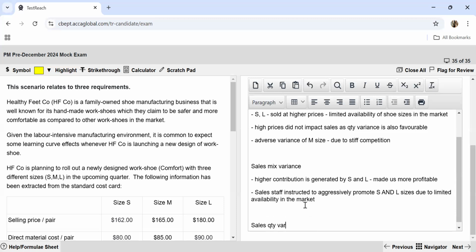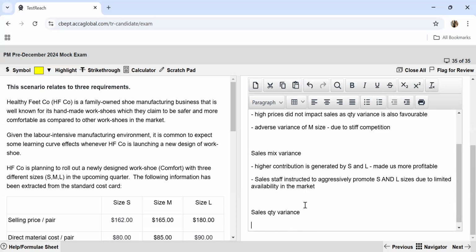Now coming to the sales quantity variance. Sales quantity variance is favorable for all. That means we ended up selling more than we had discussed. So even though we have discussed all of the possible reasons above, we are getting a favorable sales quantity in all of the shoe sizes. This can be explained by the fact that we were making good quality shoes, and the materials as well as the workers' expertise was a good thing over here.